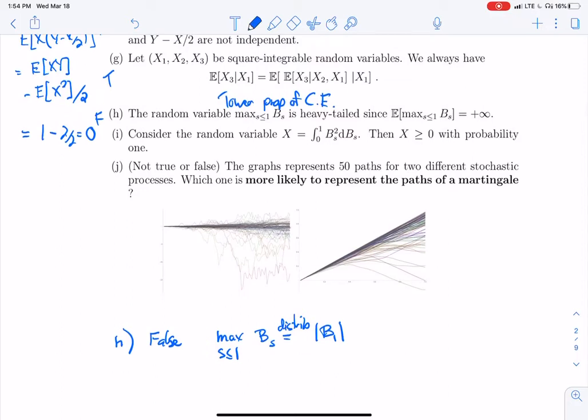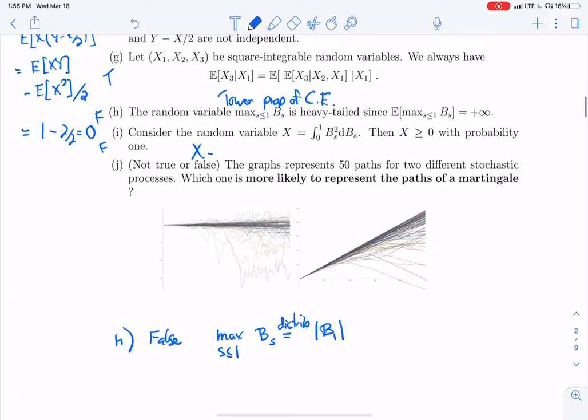All right, now at I, consider the random variable X, which is the stochastic integral of Bs squared times dBs. We haven't seen it yet, but we'll see it, so let's just answer the question. Then X is bigger or equal than 0 with probability 1, and the answer to that is false. Why? Because by definition X is the limit, when the partition gets fine, of the martingale transform.